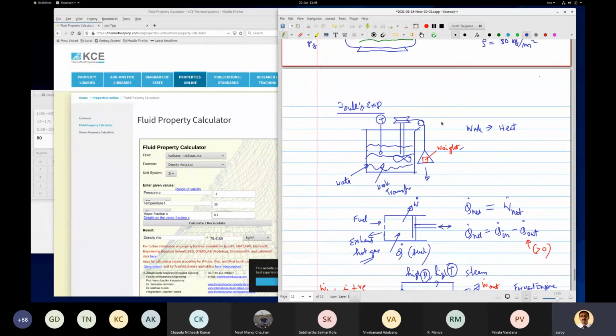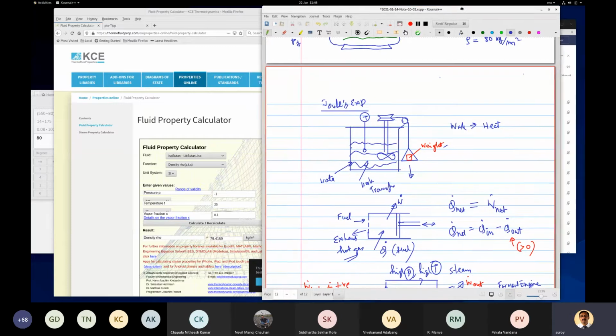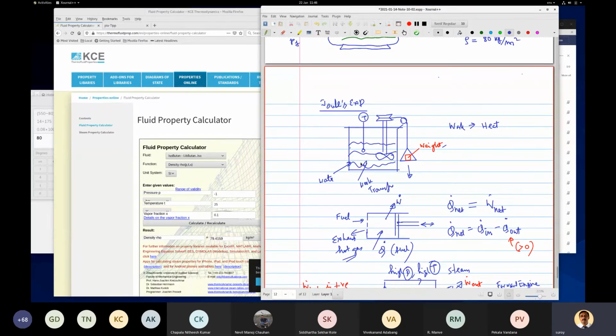So let us give you another example of the first law. This is Joule's experiment that was done. I probably have discussed it before also, where here the work. You have a stirrer here, and this weight goes down, and this thing churns, and there is work transfer.